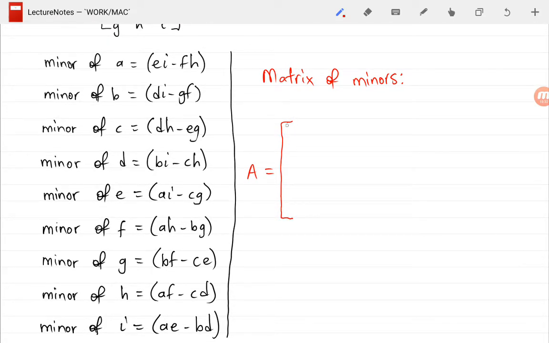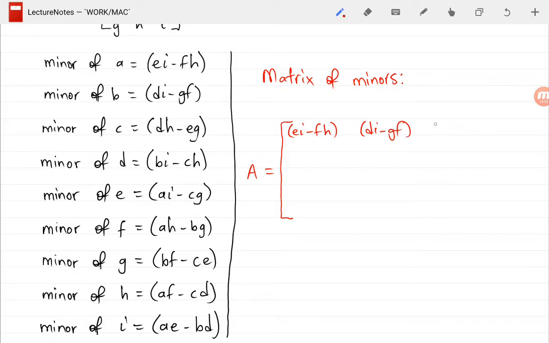Okay, so we're going to start with A. A was the first element in the matrix, or first member. So we're going to have EI minus FH. And B was here, and then we're going to have DI minus GF. I hope you can see it. I'm just copying this into this matrix here.